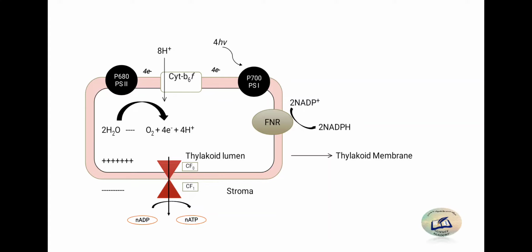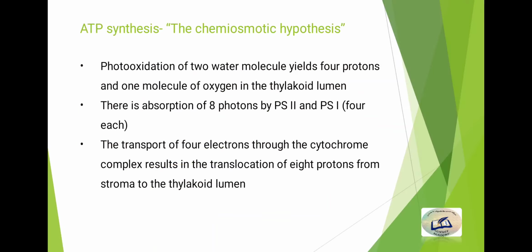The complex for photolysis is present in the inner membrane, and the enzyme which reduces NADP to NADPH is present in the outer membrane, and further the process continues through the Calvin cycle, which we will study in the next slide. Now these points will be clear to you.